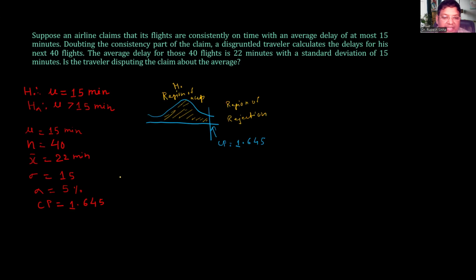So let us put everything in the formula. The formula was z equal to x bar minus mu divided by standard deviation by root n.